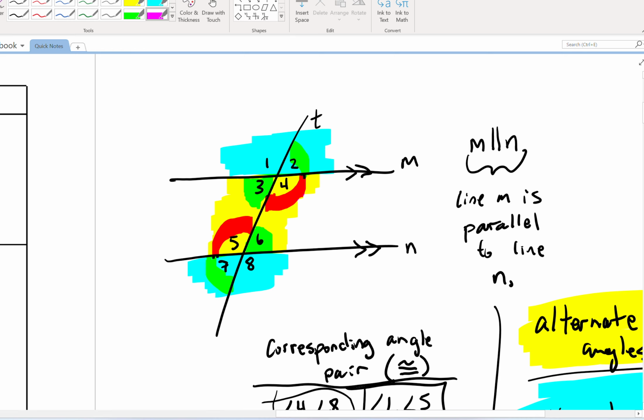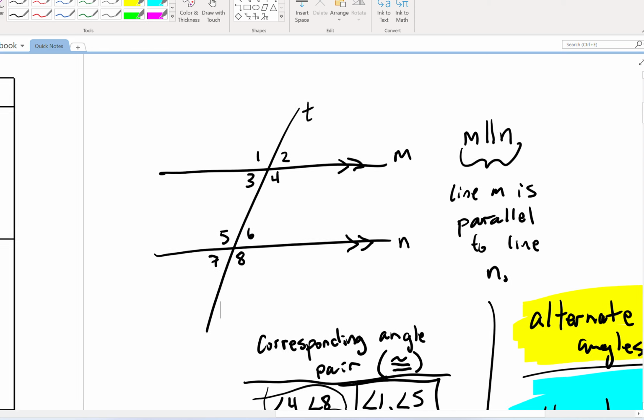And then I could say angle 1 and angle 8 are congruent because they are alternate exterior angles.